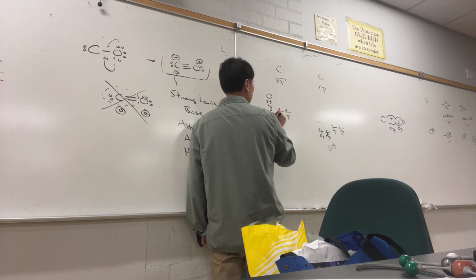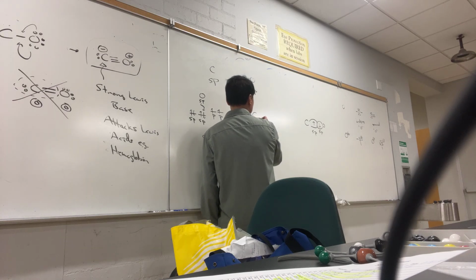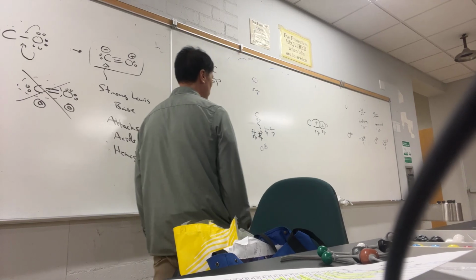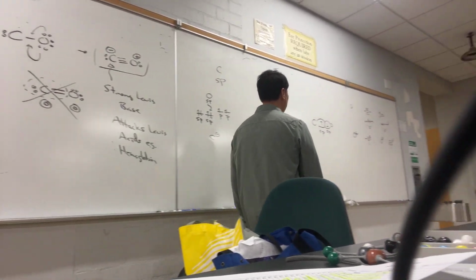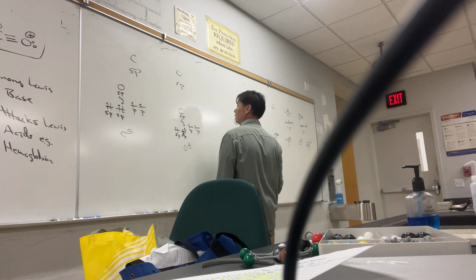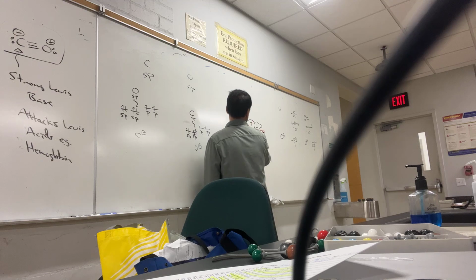Okay, then I have another sp orbital here with a lone pair. And then another sp orbital here with a lone pair. And so that takes care of these lone pairs here. All right, now I have to deal with the p orbitals. And so let's take a look at this first p orbital here. This first p orbital I'm going to write as a side view here.